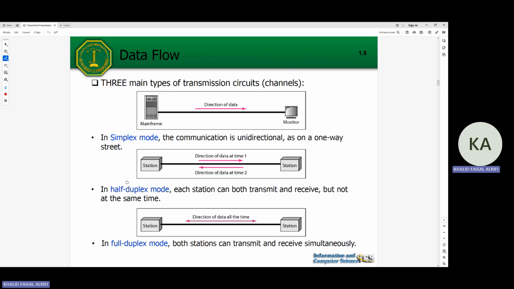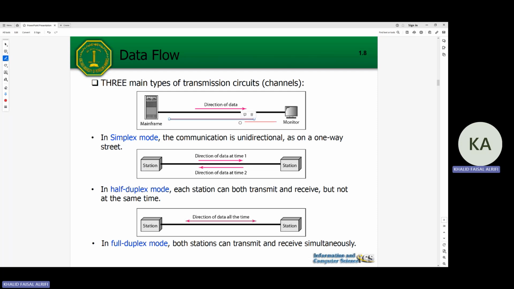Okay, data flow. We have three main types of transmission circuits. The first one is simplex mode. The communication is unidirectional, as on a one-way street. By unidirectional, we mean it's only one way.